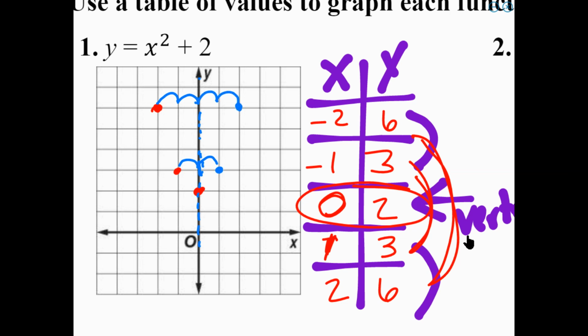If you are given half of a graph, because I've seen that on the STAR test before, where it doesn't give you the equation, it gives you half of the graph, and it wants you to determine what a point is over here on this other side, you need to know that it reflects exactly from the axis of symmetry. Does that make sense?